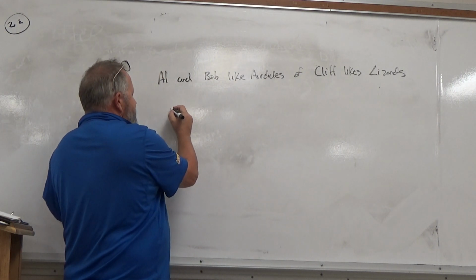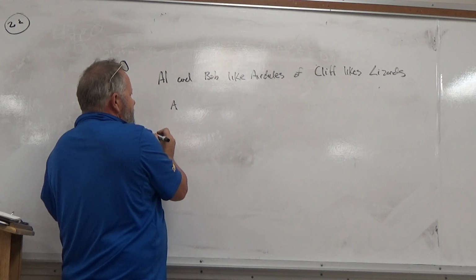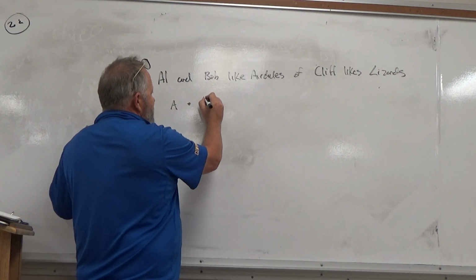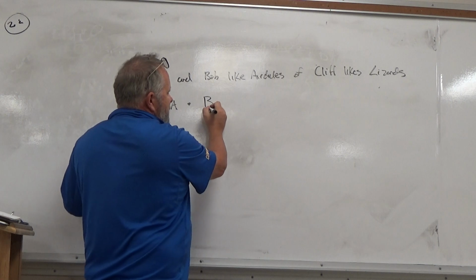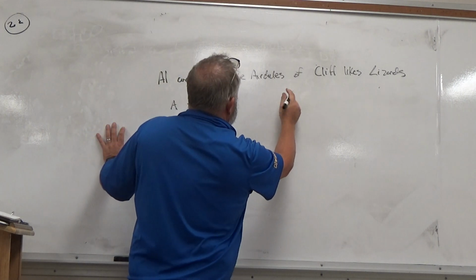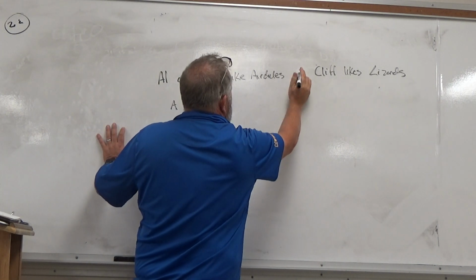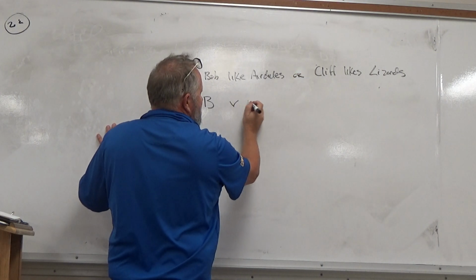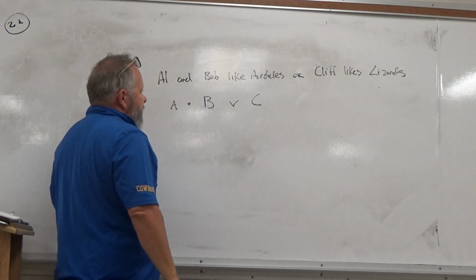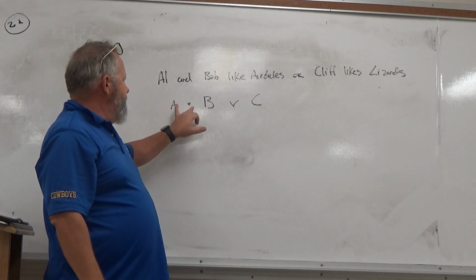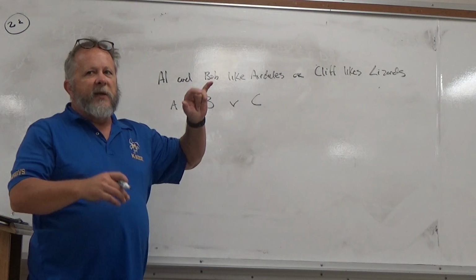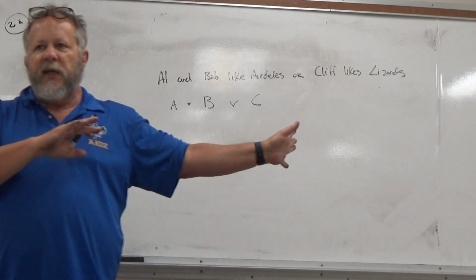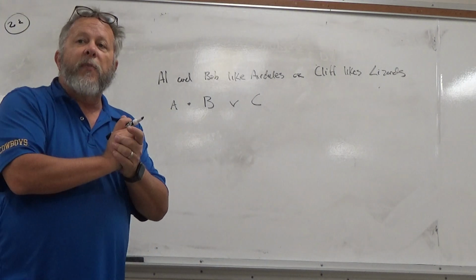Well, that's equivalent to Al likes Airedales and Bob likes Airedales. And then, what's this supposed to be, or, right? Or Cliff likes lizards. So we end up with this, A and B or C, because there's no punctuation in there to tell us what the main operator is.